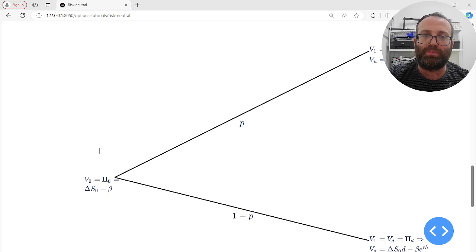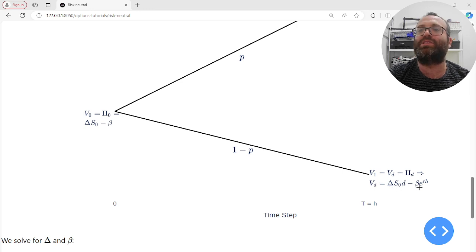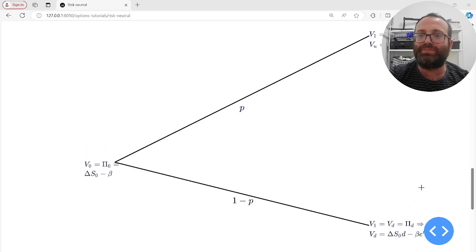So we construct a portfolio, which I call pi 0, of delta shares of the stock, borrowing beta from the bank. If the stock goes up, our portfolio is now worth delta S0 times U minus beta e to the rh, because now we owe the bank more money. And if the stock goes down, it's delta S0 D minus beta e to the rh.